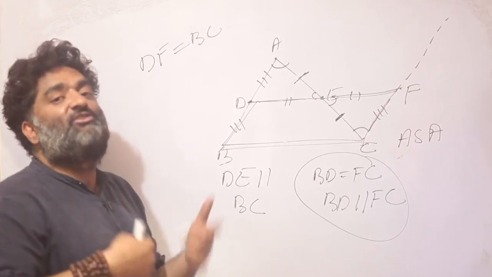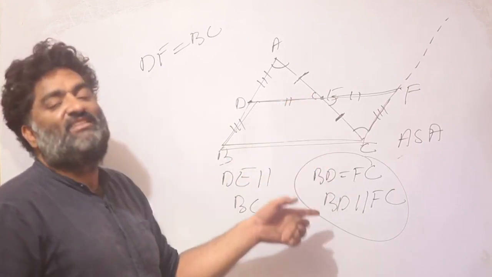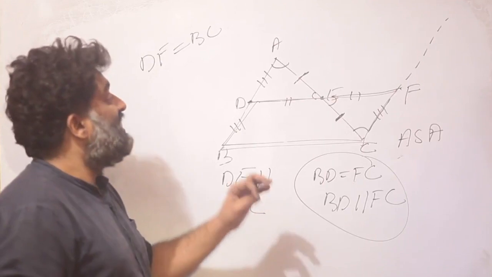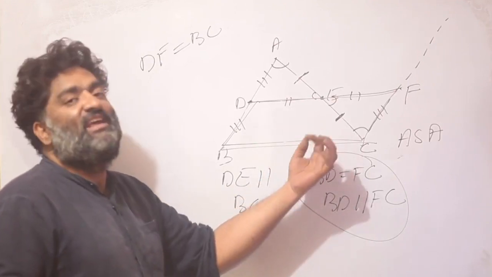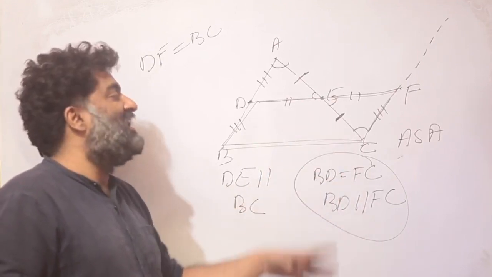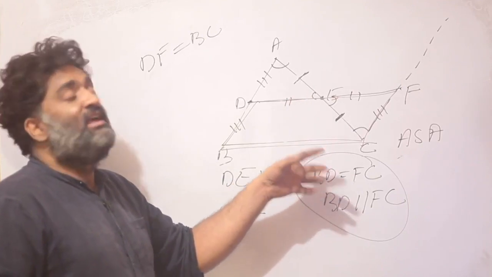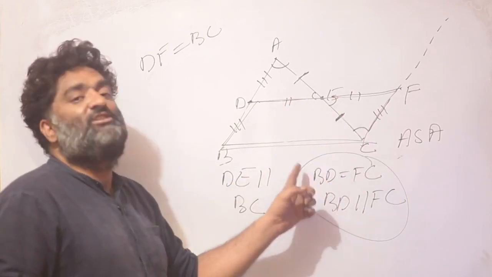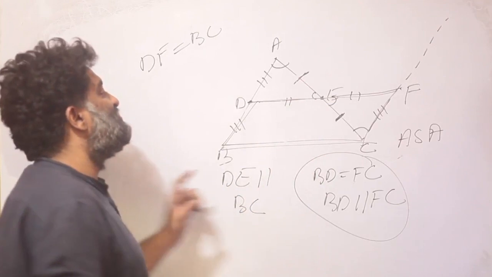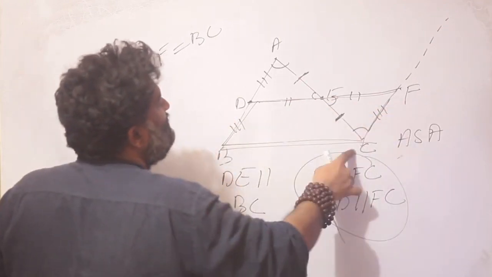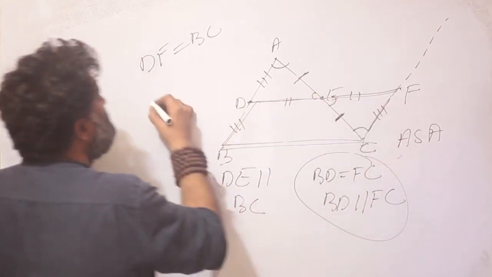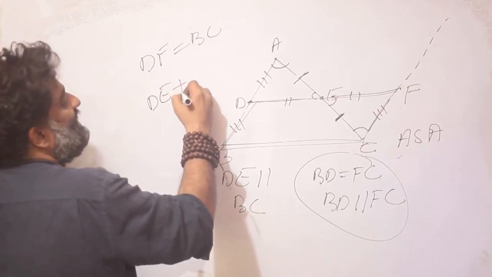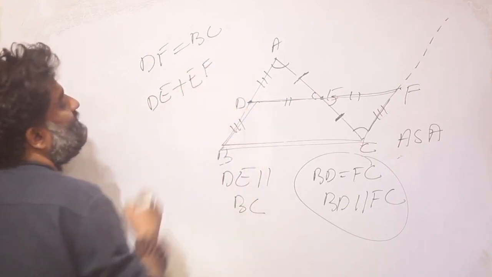From that, we can conclude very easily that the opposite sides are going to be equal to each other. In this case, I had one pair as equal and parallel. From that, I concluded that this is a parallelogram, and therefore these opposite sides are also parallel and equal to each other. So I know DF is equal to BC, and DF is nothing but DE plus EF.